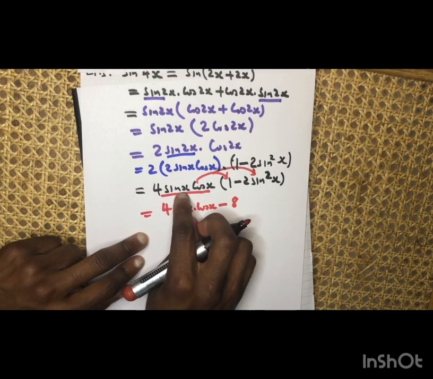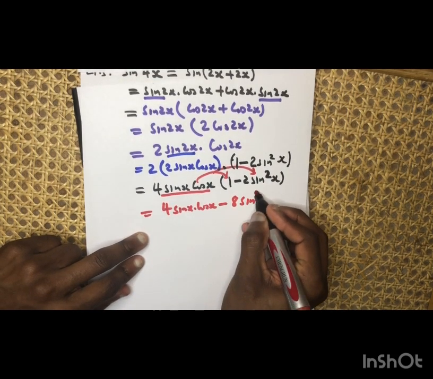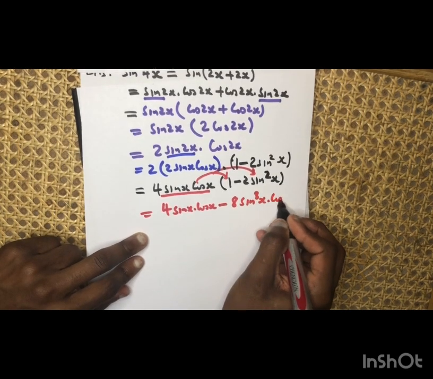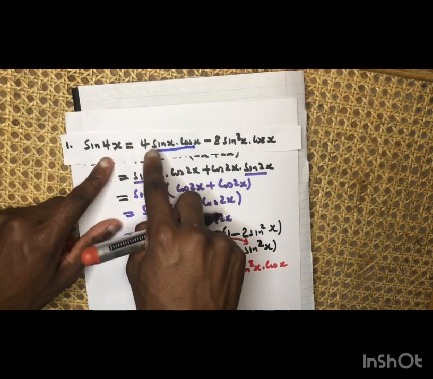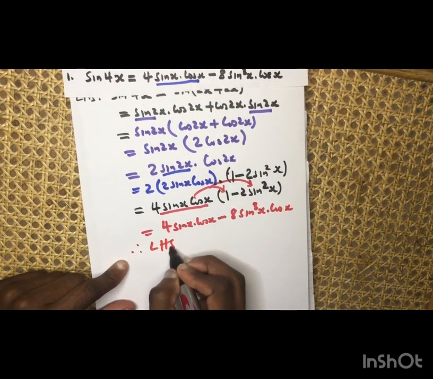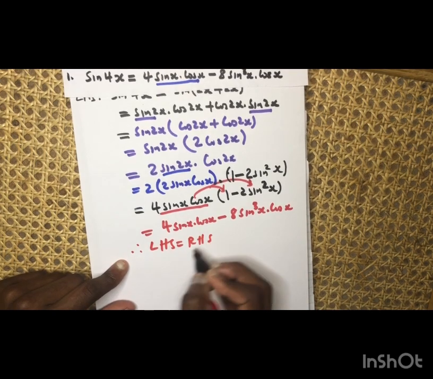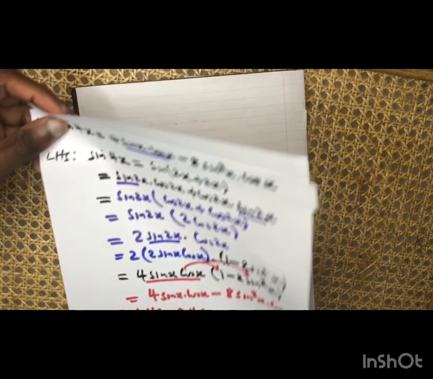So sine x cos x times sine squared is going to be sine cubed x times cos x, which is equal to this one. So now we can conclude that the left hand side is equal to the right hand side. So understand? So let's do the next one.